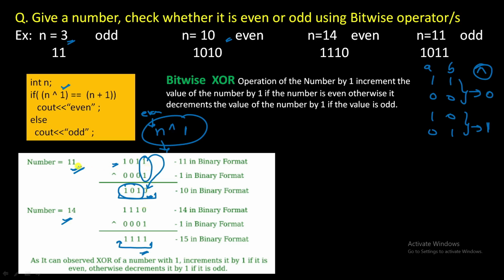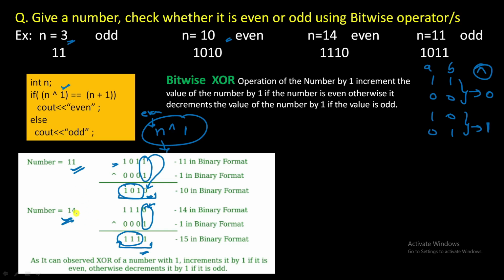So in the case of an odd number, because this will be the LSB and this will be 1 always in the case of an odd number, this will become 0 always. And in the case of an even number, because this LSB will be 0 and this will be 1 always, in that case it will become 1 always, and all the other bits will remain the same. So all the bits are remaining the same in an even number also, in an odd number also, only the last bit is changing. And how are they changing?